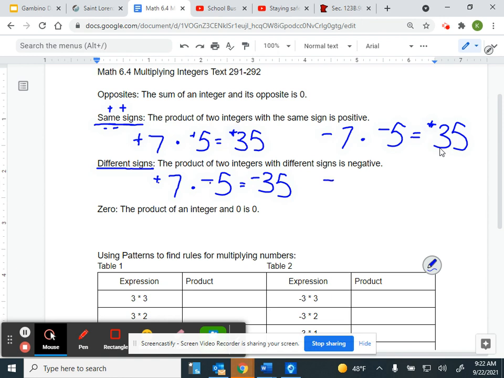If we have a negative 7 times a positive 5, the answer is going to be a negative 35. It doesn't matter if the positive is the first or if the positive is the second. It's two different signs. So whenever it's two different signs, your answer is always negative.